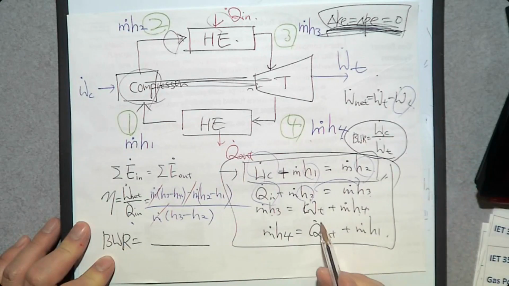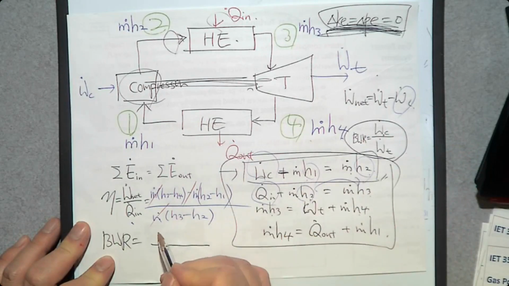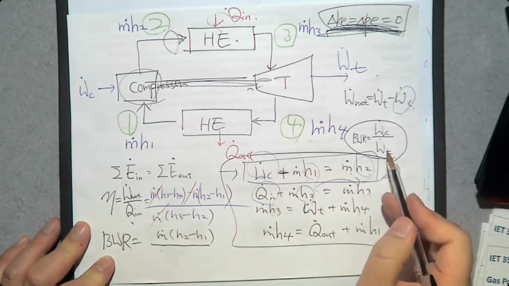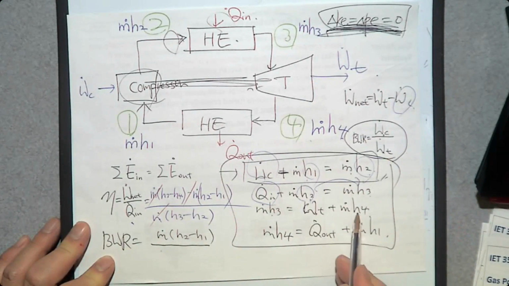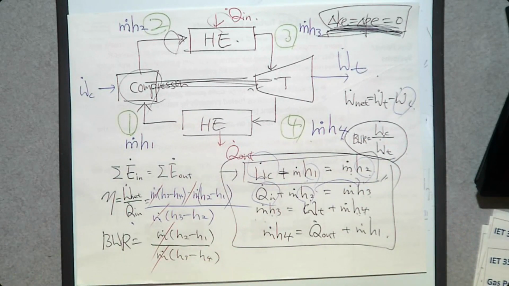Compressor power is m dot (h2 minus h1). Turbine power is m dot (h3 minus h4). You can cancel m dot out. So this one slide shows everything about the gas turbine.